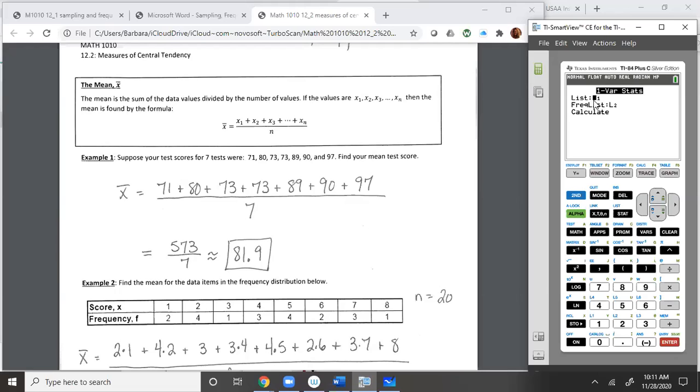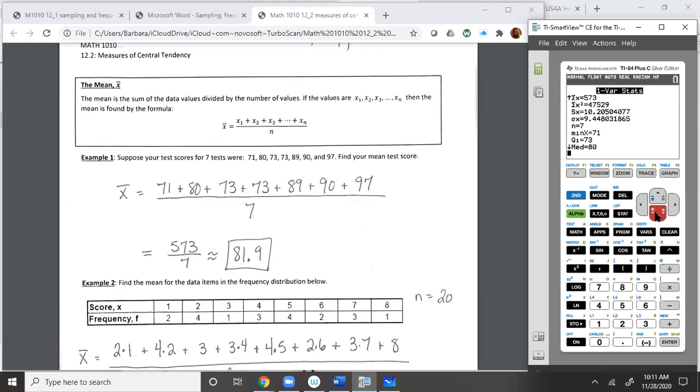We created the list in L1. If you created a different list, L2, you would have to press second and whatever list you were working on. In my case, it was L1. The frequency, there is no frequency list here. We'll come to that in the other problem. And then we're going to calculate.